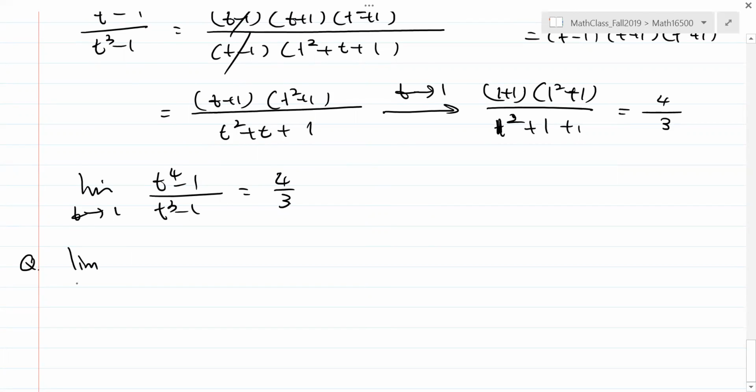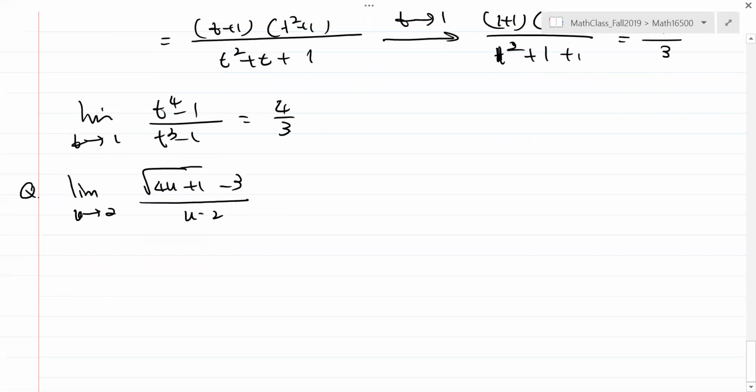The next one, u approaches 2 of the square root of 4u plus 1 minus 3, over u minus 2. Okay, I give you 1 minute to think about it.